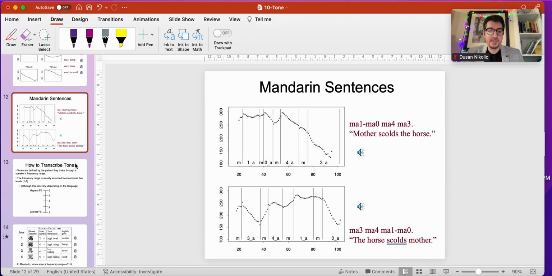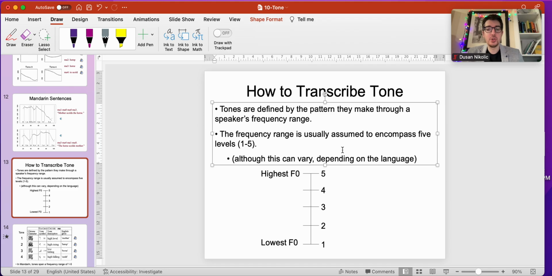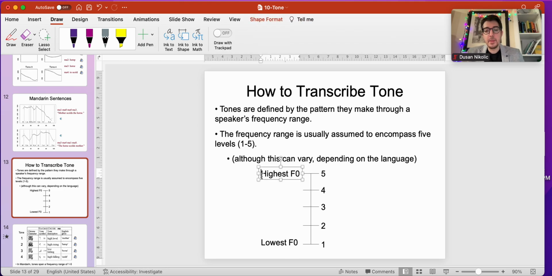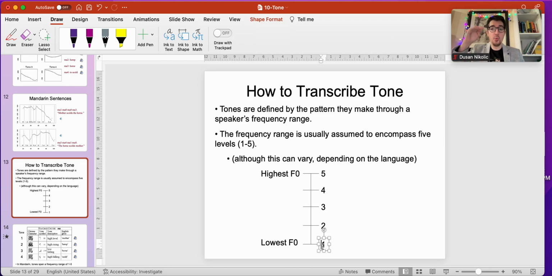All right. So tones are defined by the pattern they make through a speaker's frequency range. The frequency range is usually assumed to encompass 5 levels, 1 to 5, although this can vary depending on the language, right? So here we have the highest range for Mandarin and the lowest range. The highest frequency is 5. The lowest frequency is 1.